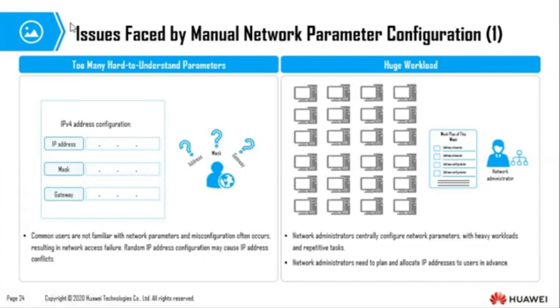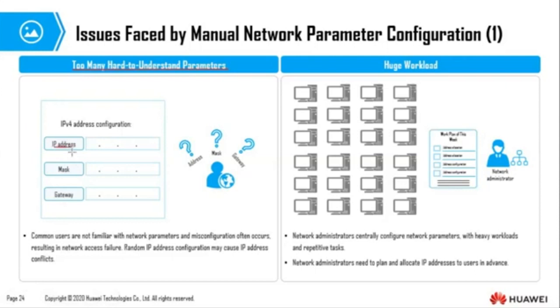Now, traditionally, this used to be done manually, but manual work has several disadvantages. One of them is that on your host, you need to configure quite a number of parameters, and these parameters are quite hard to understand. I remember when I joined MMU in 2010, we used to manually configure IP addresses, and other students, non-IT students, had a lot of trouble because they couldn't understand all these things.